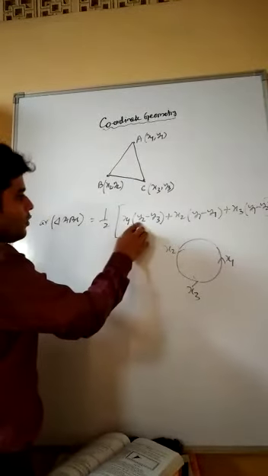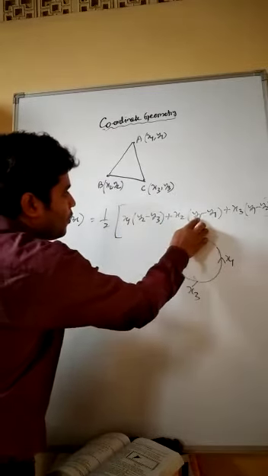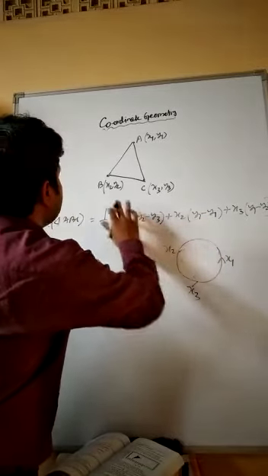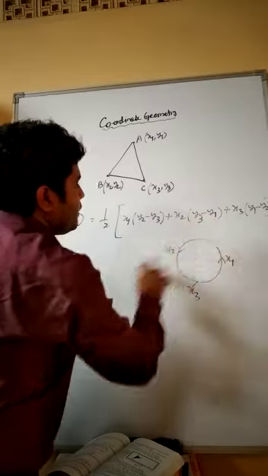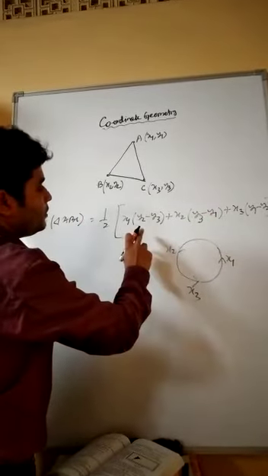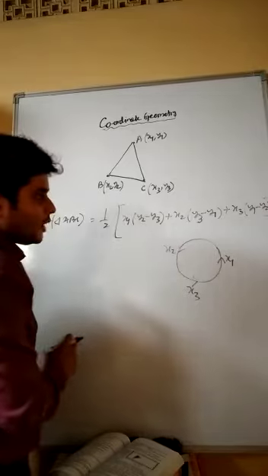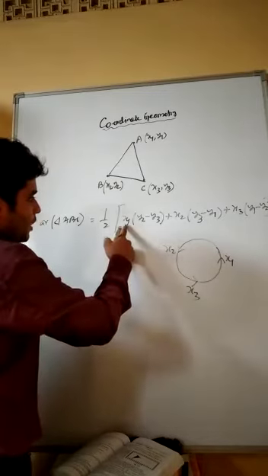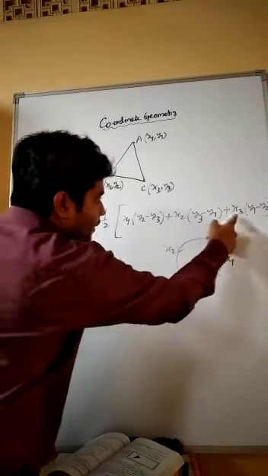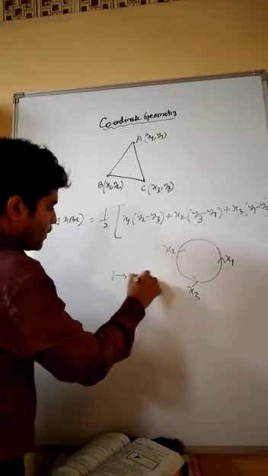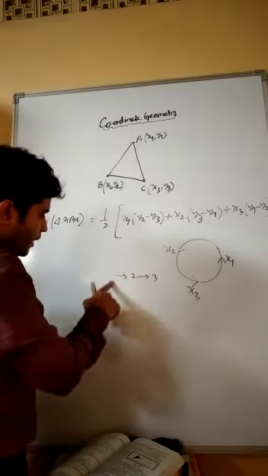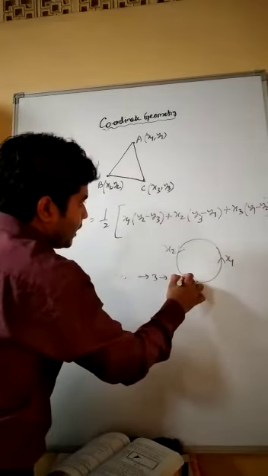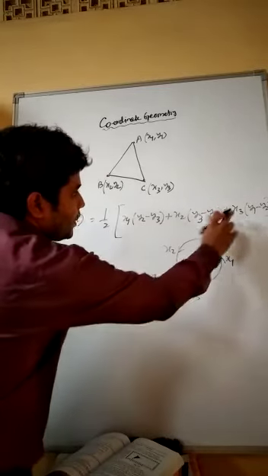You see 1, 2, 3, then 2, 3, 1, and then 3, 1, 2. That means 1 is followed by 2 is followed by 3, then 2, 3, 1, then 3, 1, 2.